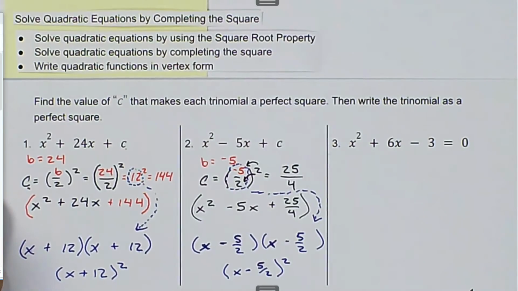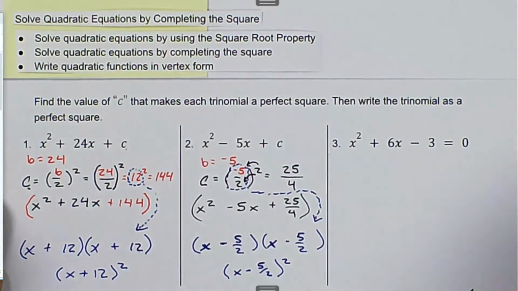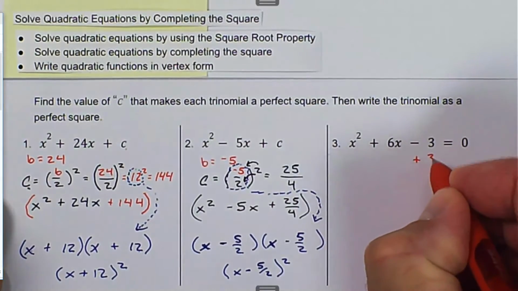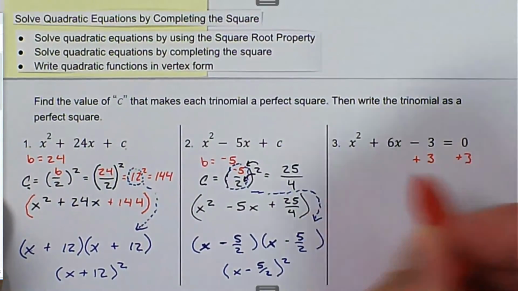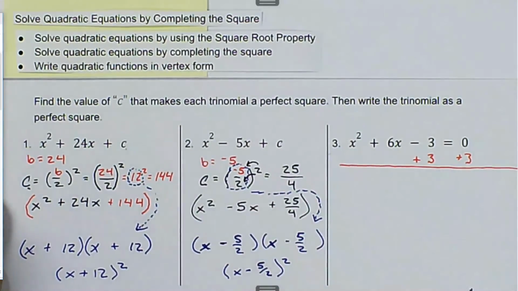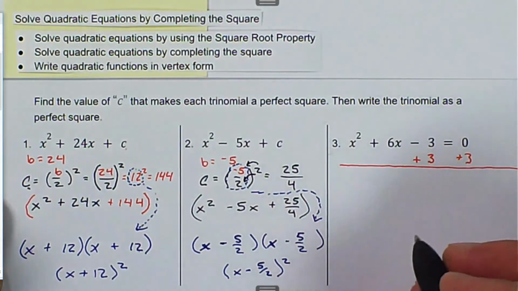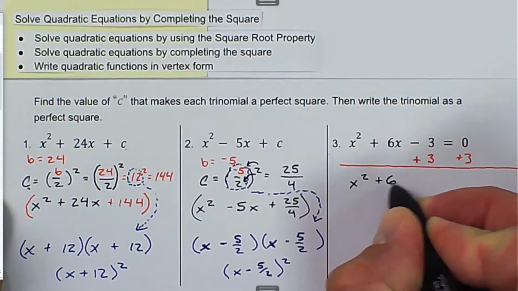So the first thing we want to do is add 3 to both sides of the equation, because we want to get rid of this c value. When we do that, we get x squared plus 6x.